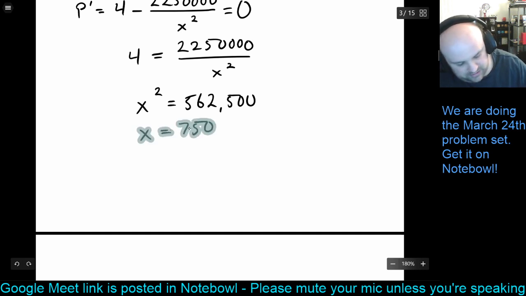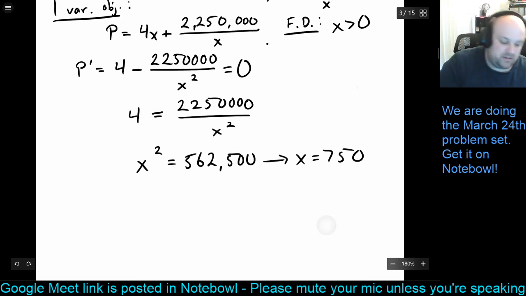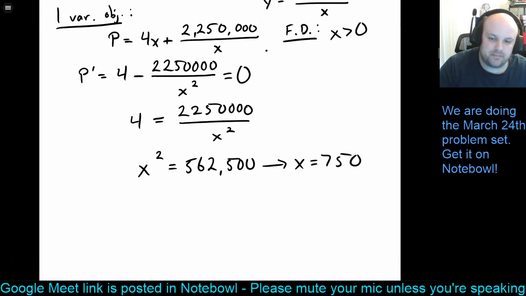Actually, let me move this over here. Right, so again, here would be one of those places where that feasible domain is important, because when we square root this, we're going to get plus or minus 750, right? And that's where the feasible domain is going to say, don't care about the negative ones, right?